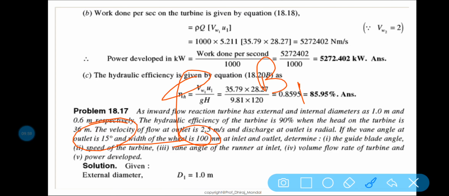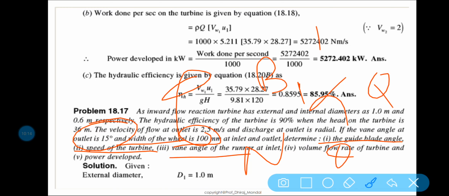Determine the guide blade angle alpha, speed of the turbine N, vane angle of the runner at inlet, that is theta, volume flow rate of the turbine, that is Q, and power.